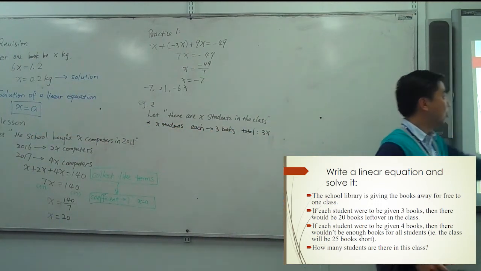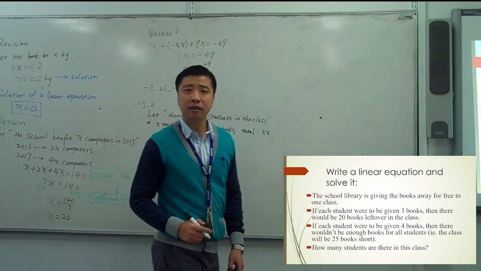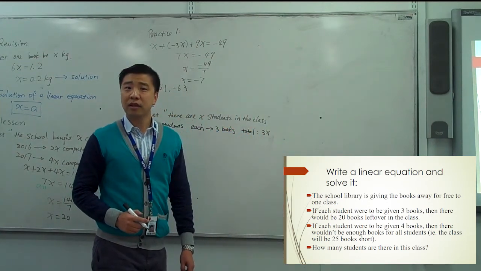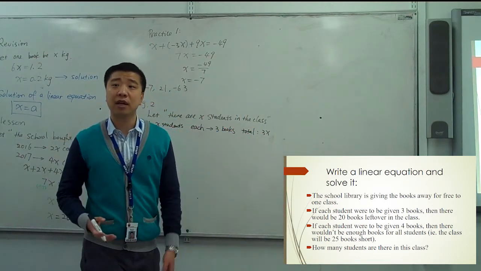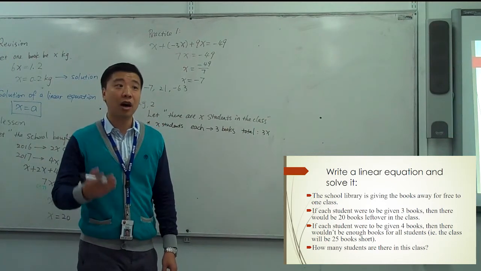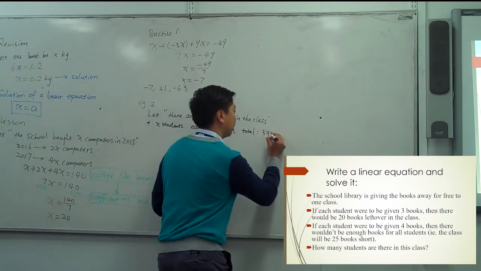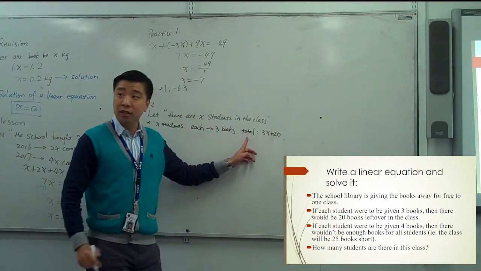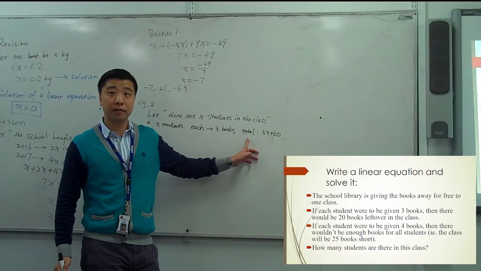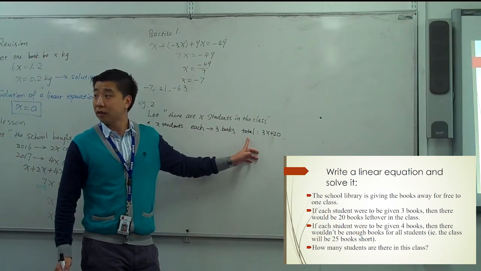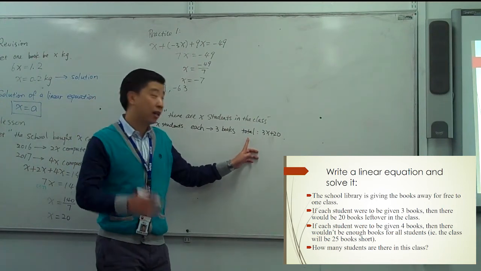There will be 20 books left over. What does that mean? Yes, very good. You still have some extra 20 books. How can I express extra here? Plus. So is that the total number of the books? Okay, I say that again.